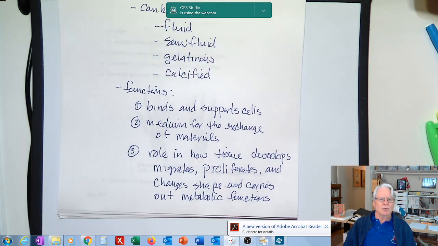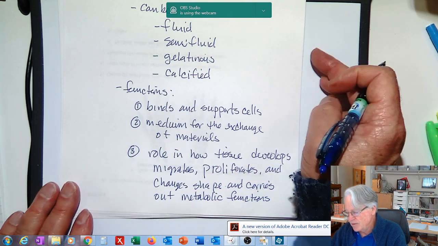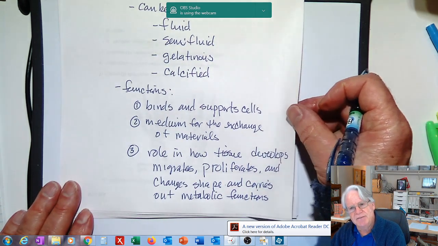So it has a huge role in how the tissue is going to develop, how it migrates, how it proliferates, how it changes shape, how it carries out metabolic functions. It's extremely important in terms of how connective tissue behaves and functions.